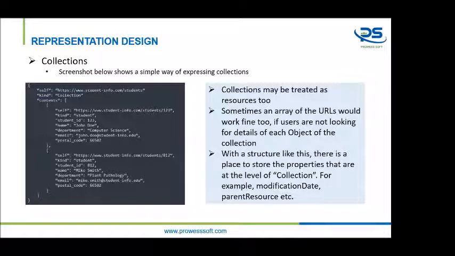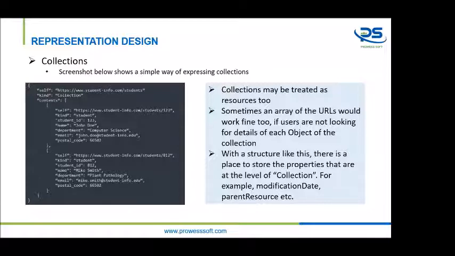Going forward, this is just a quick overview that even if you're using collections, which is actually an array of objects, for example, in our case, students, you treat this as its own object representation by itself. You need not actually return an array.